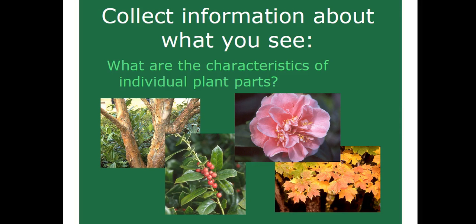Look at the flowers. Count the number of petals, in some cases the number of other flower parts. We'll get into that later on in another module. Maybe even look at the number of points on a leaf, or the deepness of the lobes in between these points.